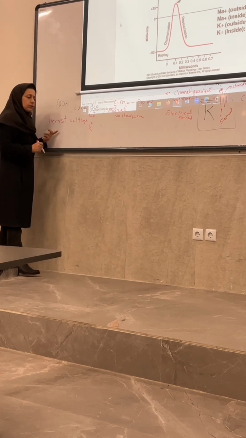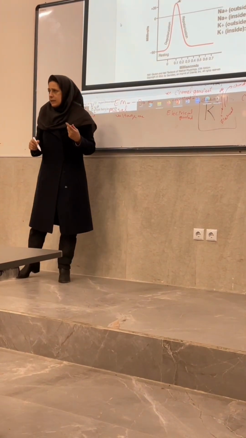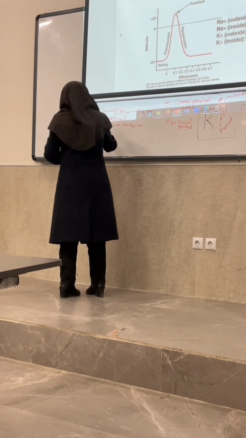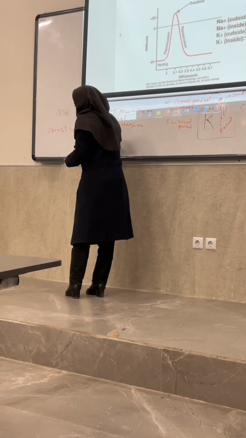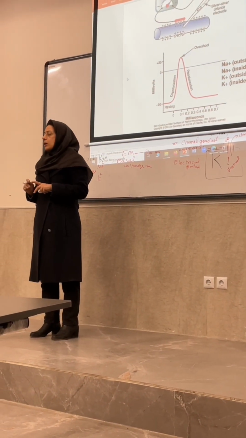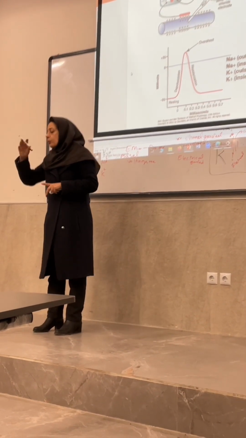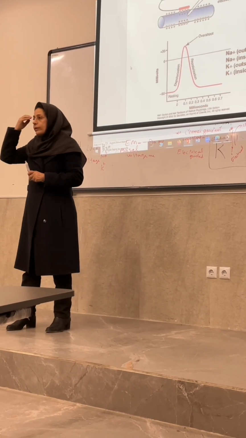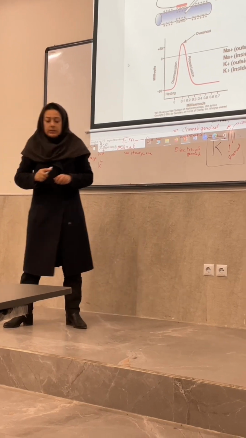What does it mean? It means that if the voltage of the membrane reaches the Nernst voltage for sodium, sodium is in equilibrium, with no movement of sodium. So every ion, sodium or potassium, wants to move in accordance with its Nernst equation.